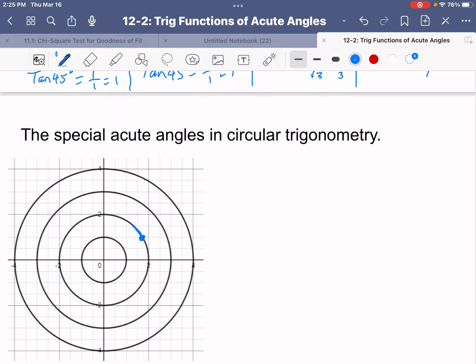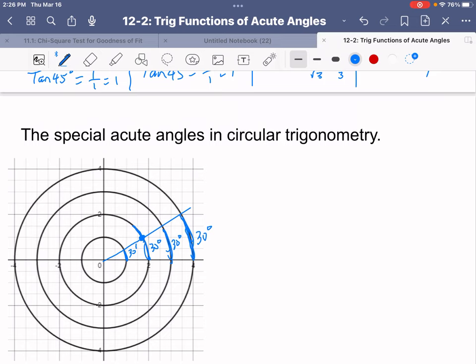So if I draw this, I'm almost certain that this is a 30-degree angle, this is 30 degrees, and this is 30 degrees.